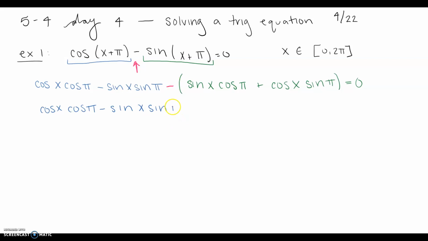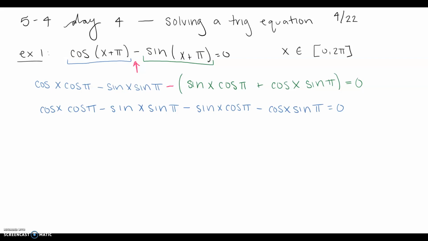Listen to what I said, not what I wrote. And then I'm going to distribute this negative. So then it's minus sine of x times cosine of pi minus cosine of x sine of pi equals 0.